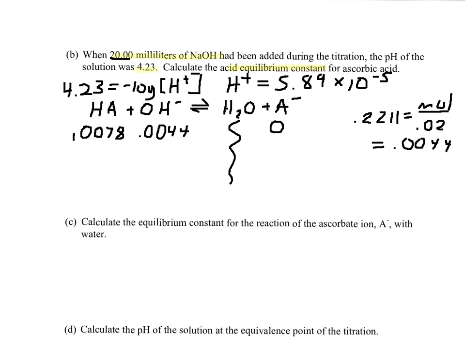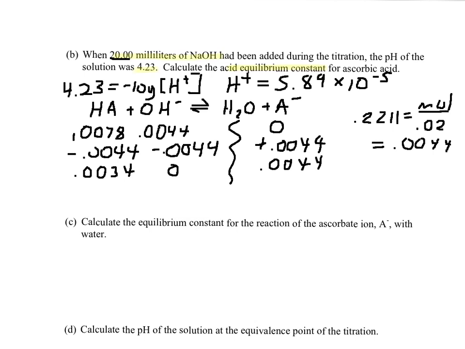Now if I go ahead and figure this out, we're assuming all the OH is being used up. So all of these are going to be changing by 0.0044. And we can use this to find our equilibrium value. And just like in the last problem, keep in mind these are moles.